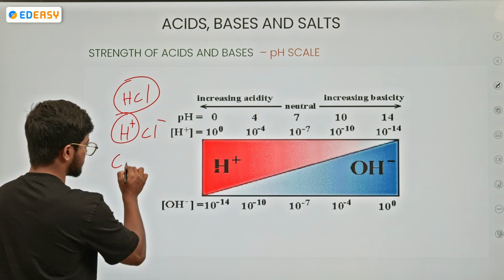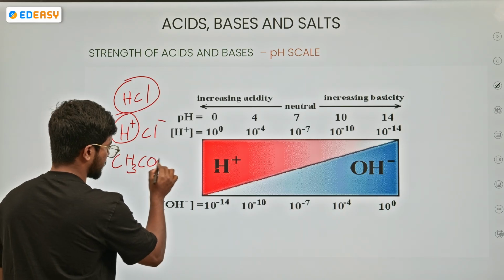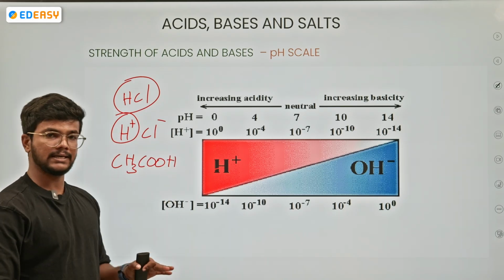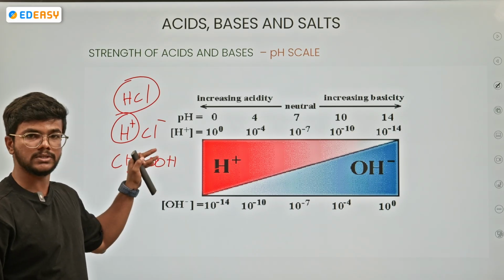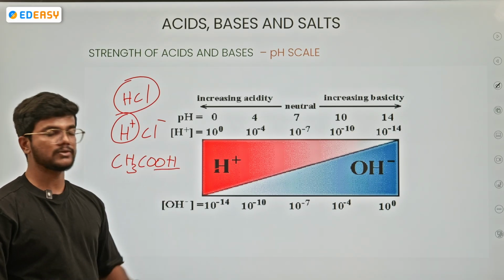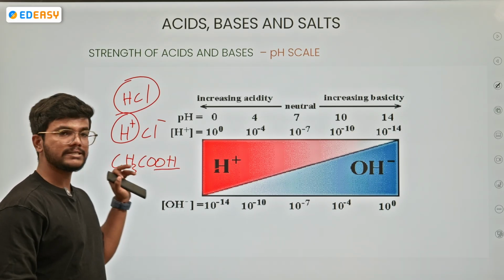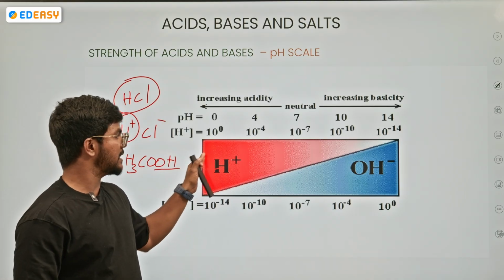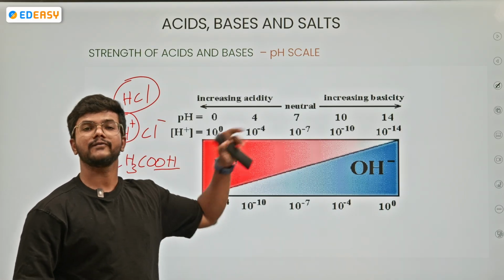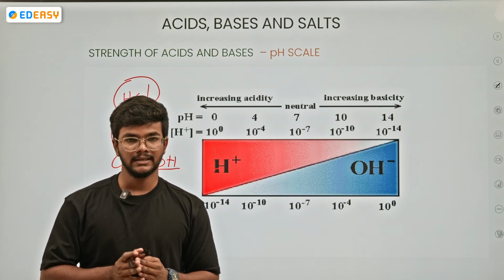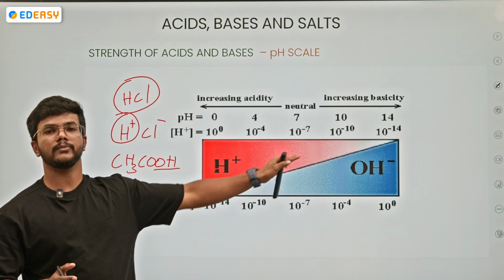Whereas in CH3COOH, which is acetic acid, the hydrogen and OH concentrations are almost comparable, so we have OH also in this acid. That is why it gives a value of 4 to 7, which will be a weak acid, and it may be a base.